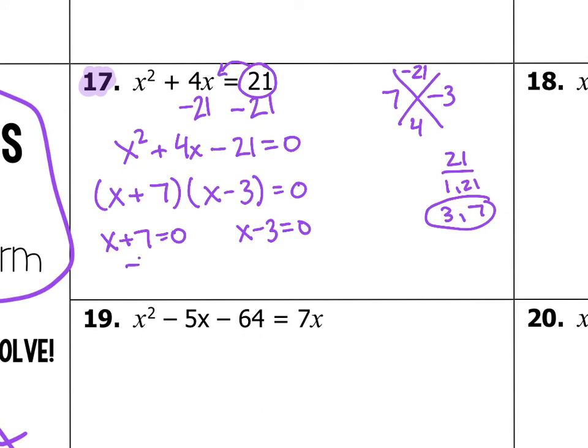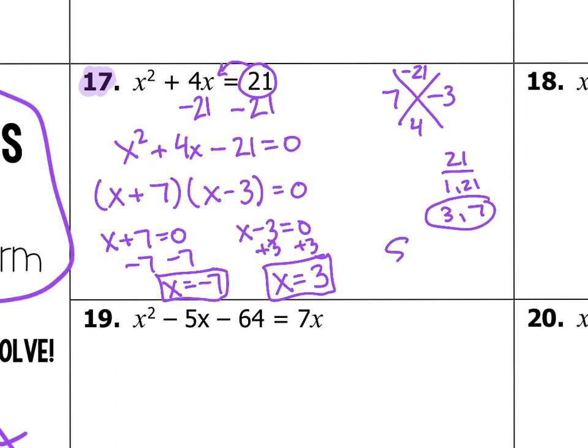Okay, subtract 7 from both sides. X equals negative 7 here. But also, come over to this one, add 3 to both sides. X also equals positive 3. Okay, so my solution, or I should say my solutions, are negative 7, comma, positive 3.